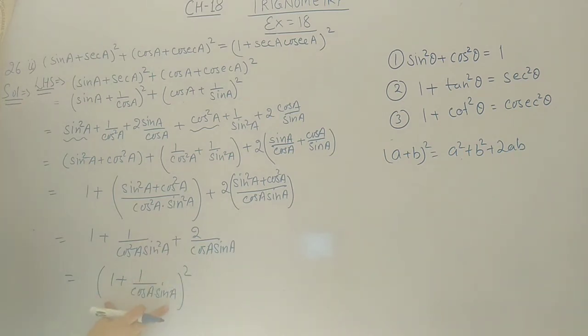If we expand it, we will get the same thing. So this 1 by cos A sin A we can write as 1 by cos A means sec A and 1 by sin A means cosec A, whole square. So we got the right side, hence proved.